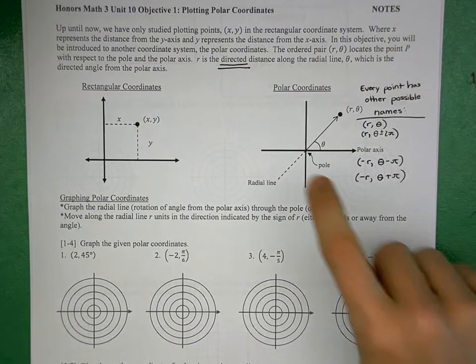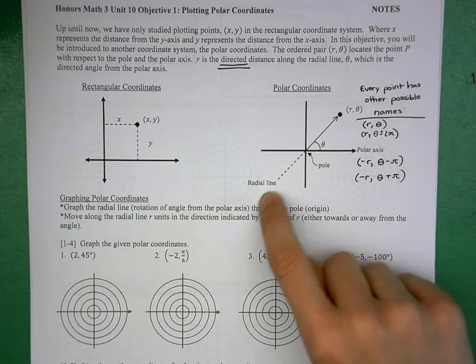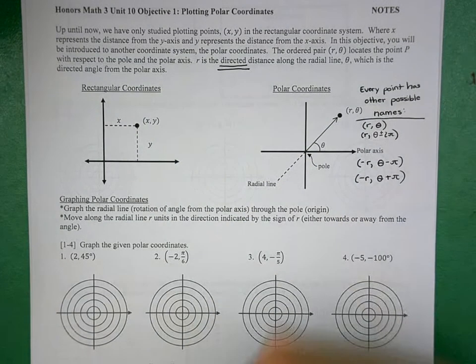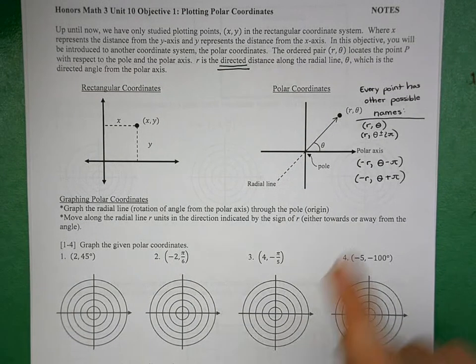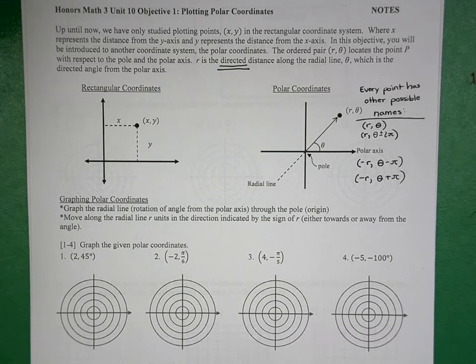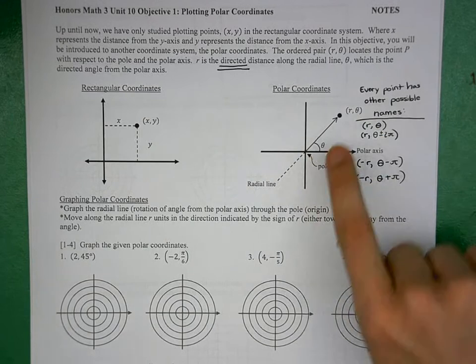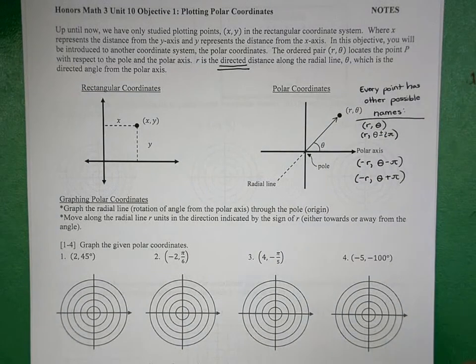But notice there's always this other direction to your radial line. This is not pi over 4, but it's the extension of my radial line in the other direction. Because if my r was negative 4, instead of 4 telling me to move along my pi over 4 line, negative 4 would tell me to move away from that angle, in the opposite direction.